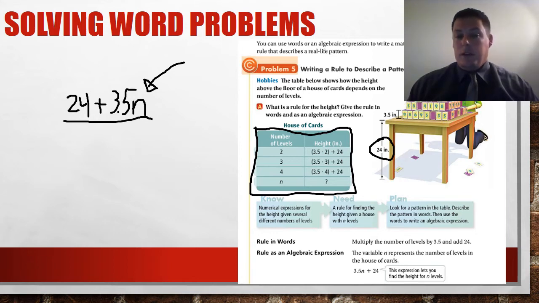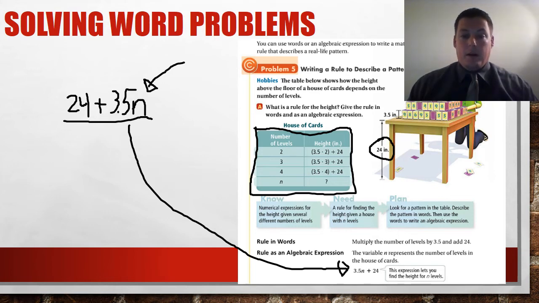Another example would be if you're clothes shopping and you need to buy so many shirts, if there's a discount after so many shirts, things like that. So in this example here we are using height and levels of cards, and you will see other examples, and you can see down here that this matches what they tell us.